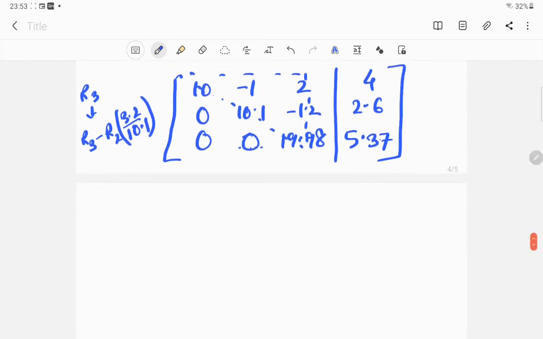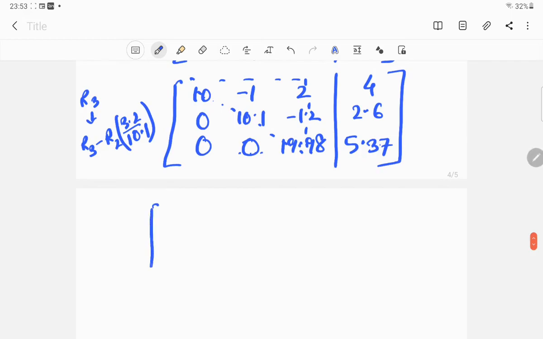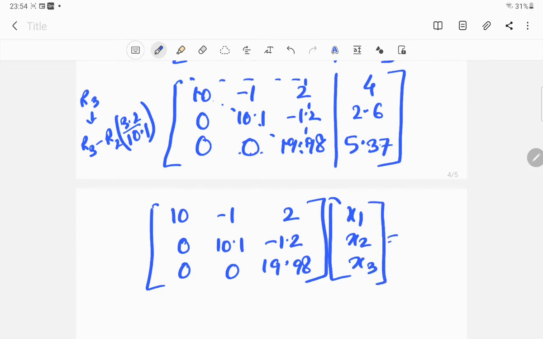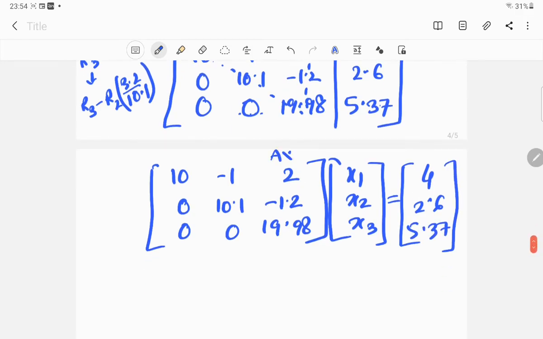Now let us do that. So we have 10, minus 1, 2; 0, 10.1, minus 1.2; and 0, 0, 19.98, then x1, x2, x3, and then we have 4, 2.6, 5.37. Going back to the initial equation, you remember Ax equal to b.